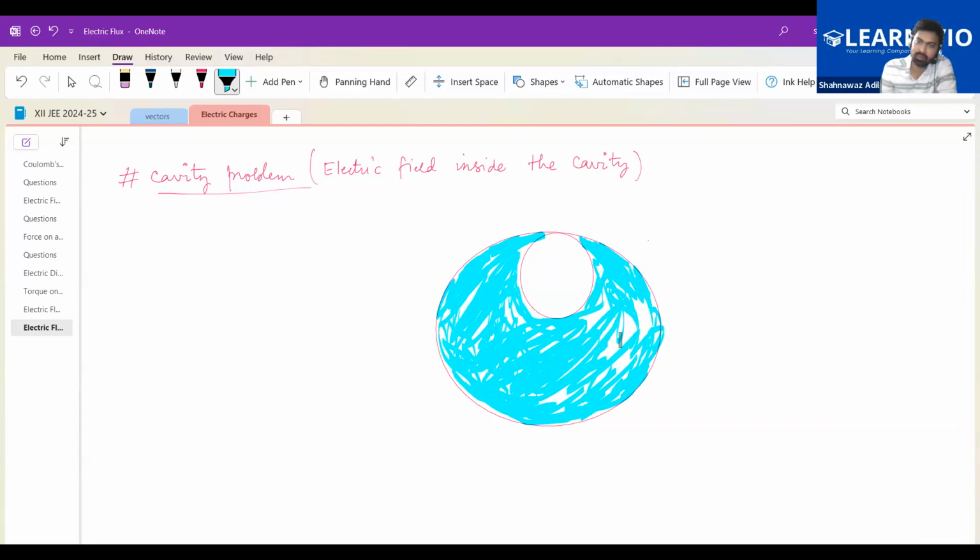It will take a lot of time to draw, so just understand that this is filled and only this part is hollowed out.